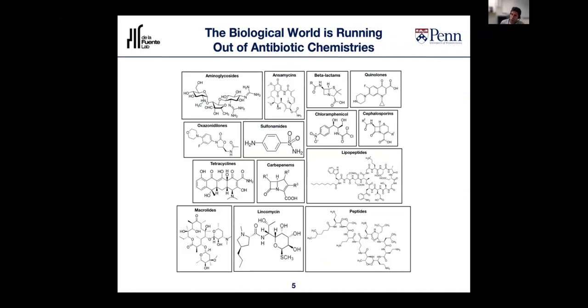And here I'm showing some of those chemistries that have saved millions of lives in the world, used as life-saving drugs. But the problem is that for decades now, we have been unable to find new chemistries in biology that allow us to kill bacteria effectively.